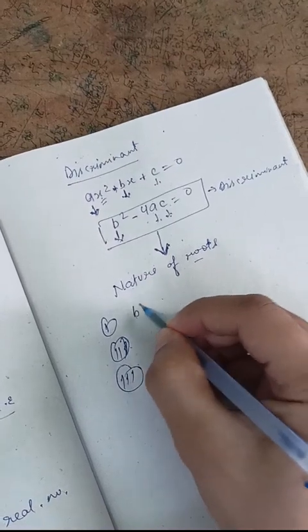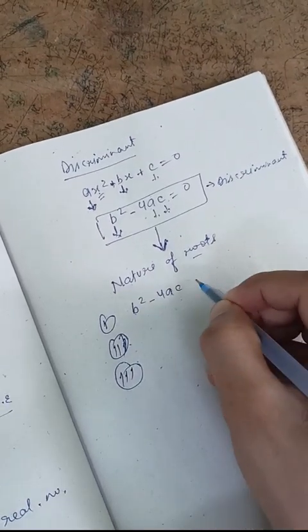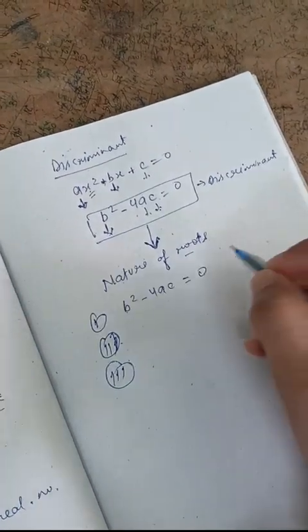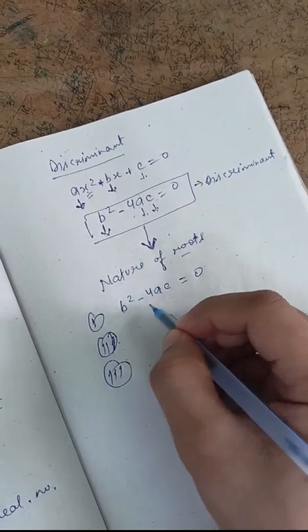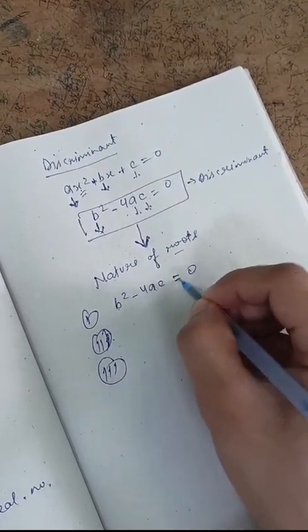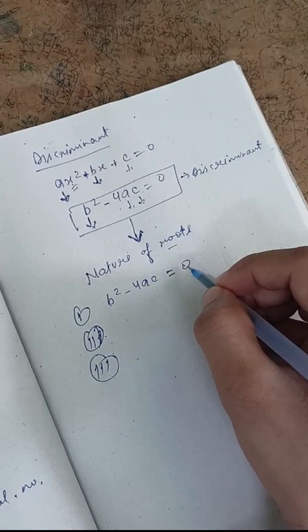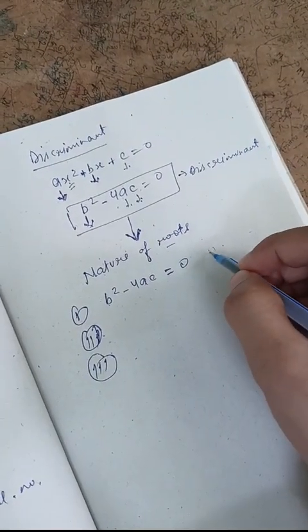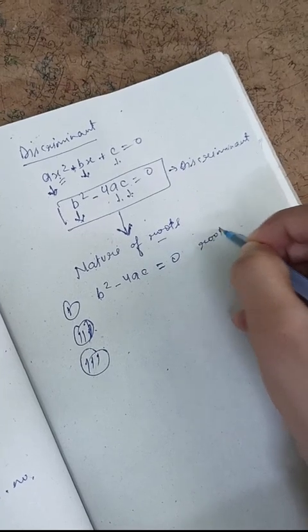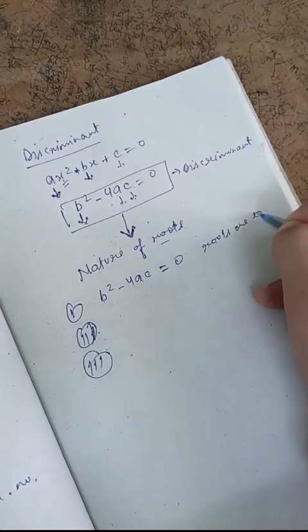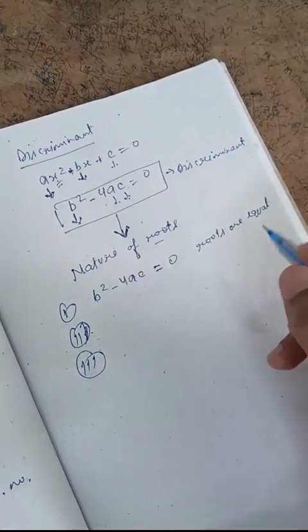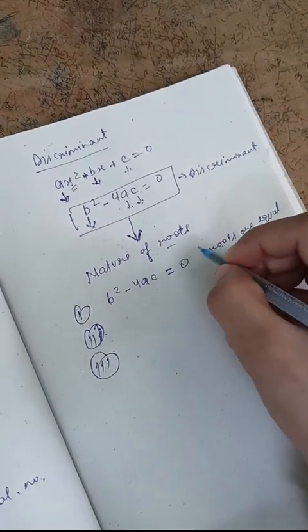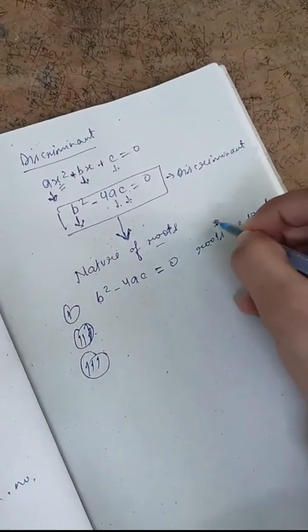First one is b square minus 4ac equal to 0. Whenever we find the value of b square minus 4ac, if it becomes equal to 0, this simply means that the roots are equal and the numbers are real. Simply we call it roots are real and equal.